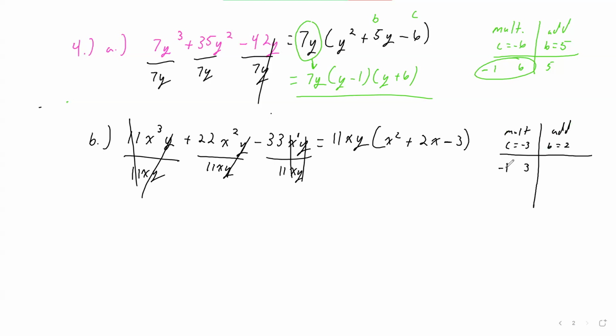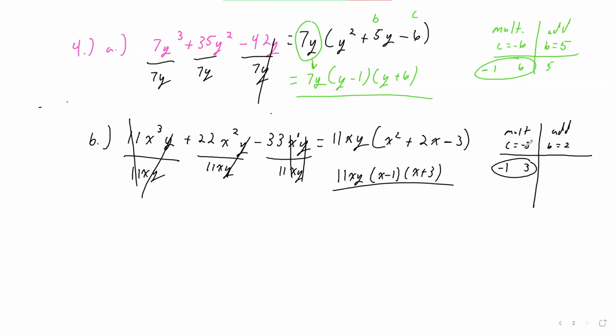There you go. -1 times 3 gets you -3, adds up to 2. How do I write my answer? Perfect.